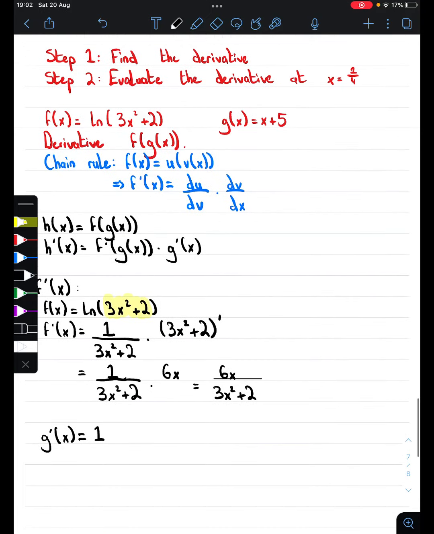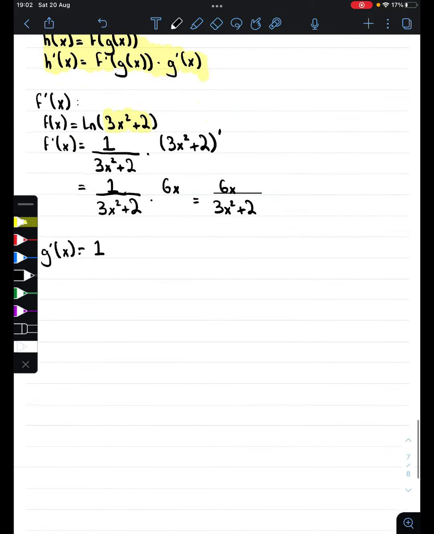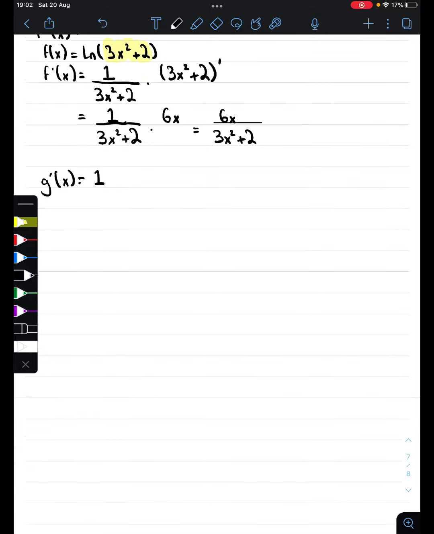Now we can actually find the derivative we're looking for. h prime of x, the derivative of f of g of x, is f prime of g of x times g prime of x, but this is just 1, so we can just ignore it because it won't do anything.